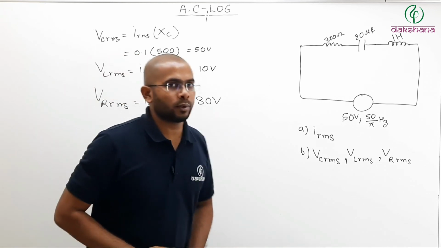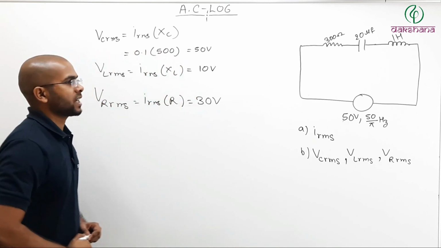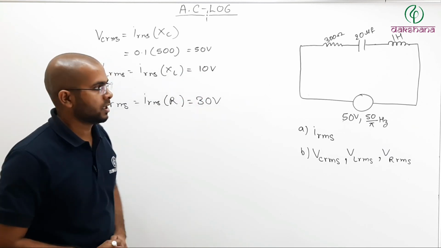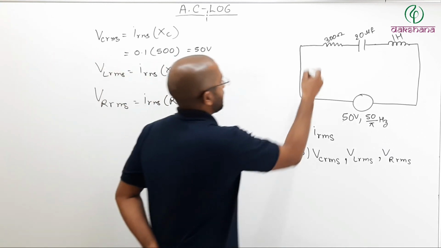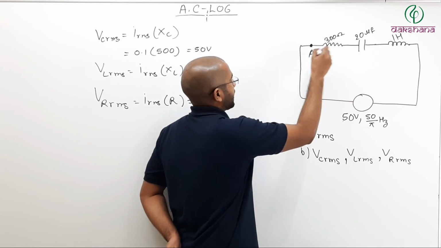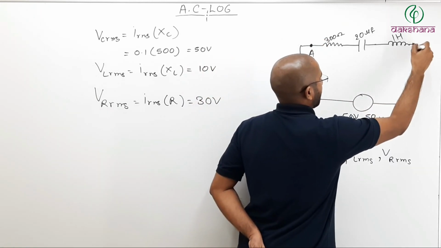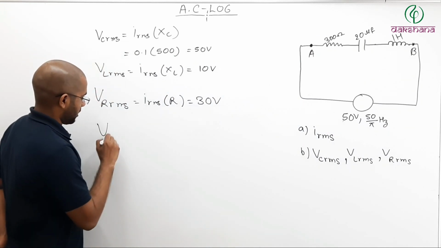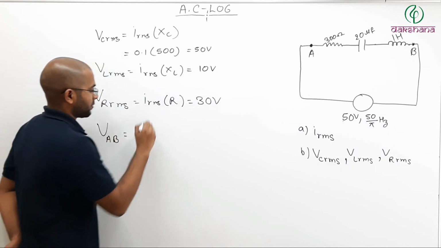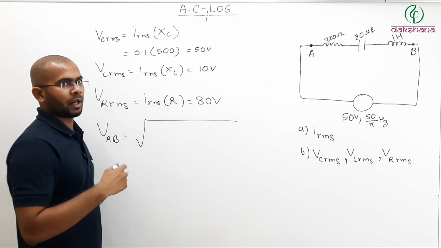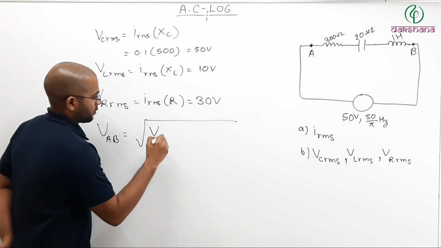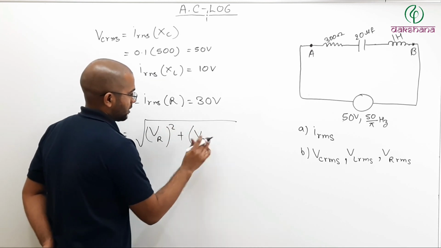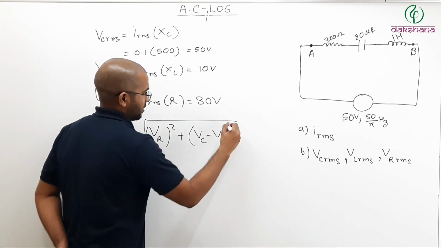As I have told you before, in the case of an LCR circuit, you cannot just add them. So what would be the potential across points A and B, across all three of them? VAB will be, as we have already studied, found using the vector form: the square root of VR square plus (VC minus VL) square.